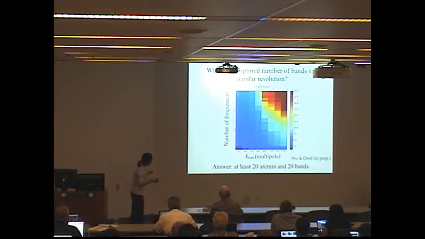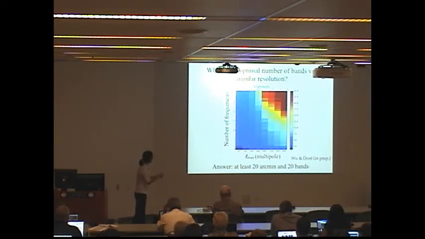So in this figure, the x-axis shows the angular resolution, and the y-axis shows the number of frequency bands. And the color coding is the mode that can be constrained. If we have very high resolution and lots of frequencies, of course, we can constrain everything. But if we have not very good resolution, like say 20 arc minute, we actually don't get much constraints on star formation rate. This makes sense because for power spectrum, we like to go to smaller scales to have more modes.